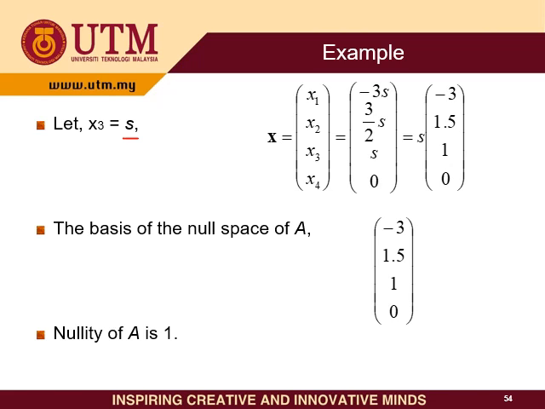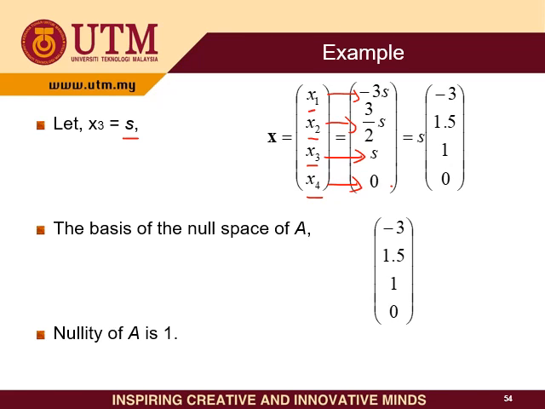Now this is x1, x2, x3 and x4, and we have already found all of the values. We found x4 is 0, x3 is s because it is a free variable, x2 is 3 over 2 s, and x1 is negative 3s. Refer to the previous slide for the explanation on this.